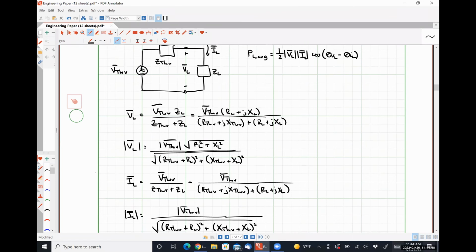So I figured out what this bit is. Cosine of theta VL minus theta IL is going to be a little bit more difficult. Okay, not a whole heck of a lot, but we're going to have to rely on some trick.